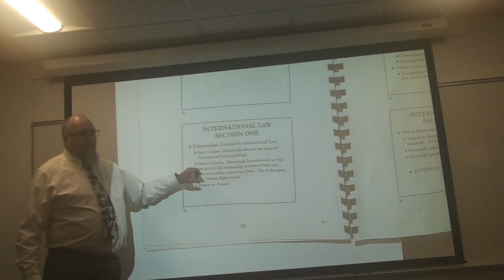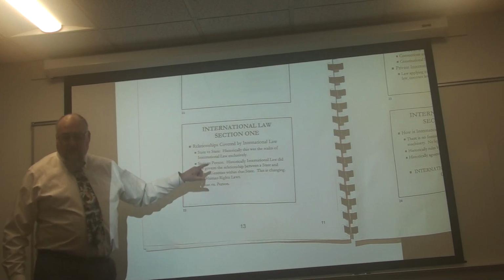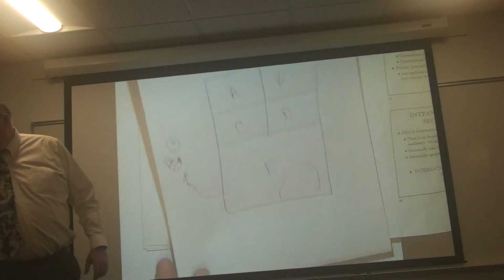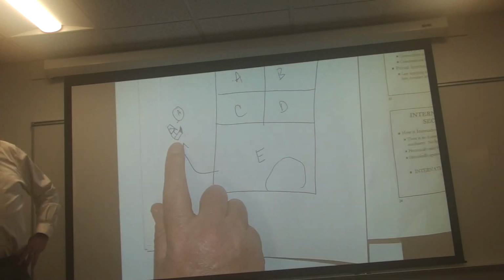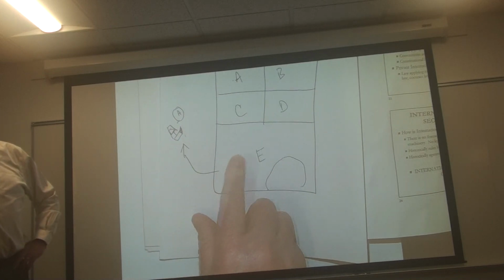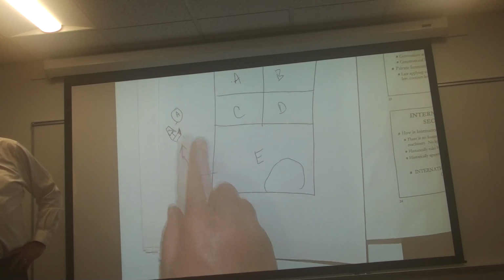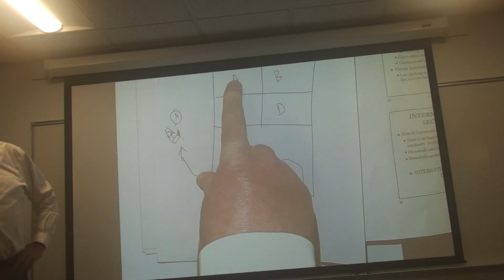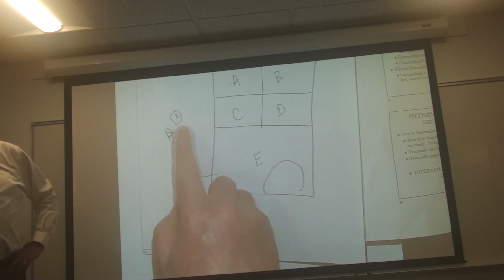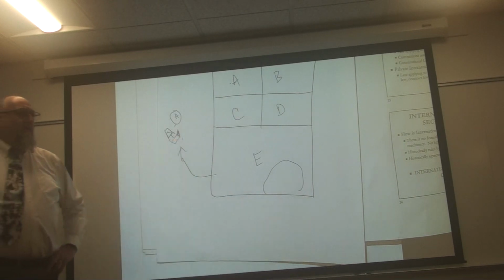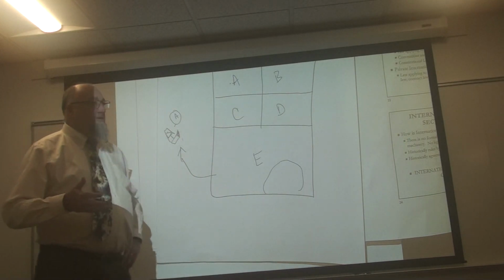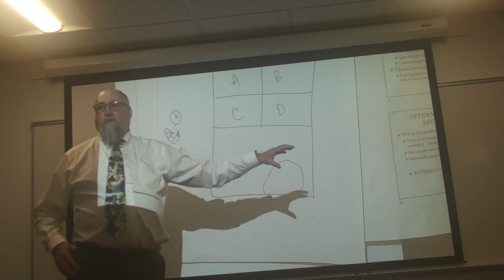So historically, and I talked about this last time with my little example here, if we have a ship that is seized by this state, E, and that ship is from country A, historically this individual owner of the ship did not have any recourse directly against another country.